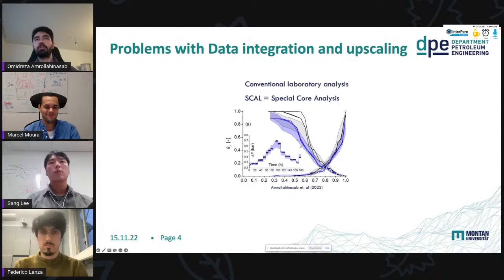So what we have done until now, or what you can see here, is the interpretation of the SCAL measurements for Estaillades carbonate. So you see the uncertainty range for the different sample variations here.